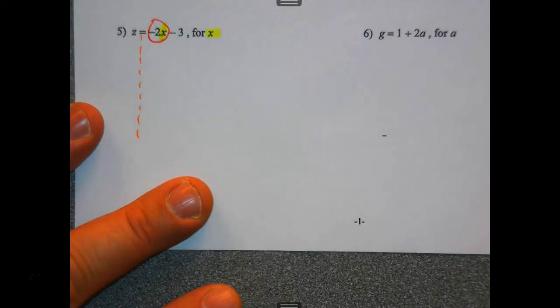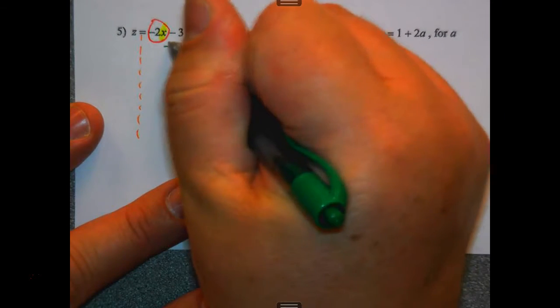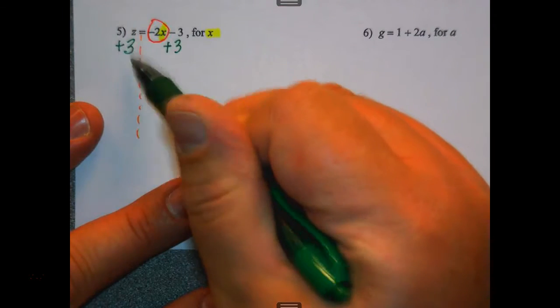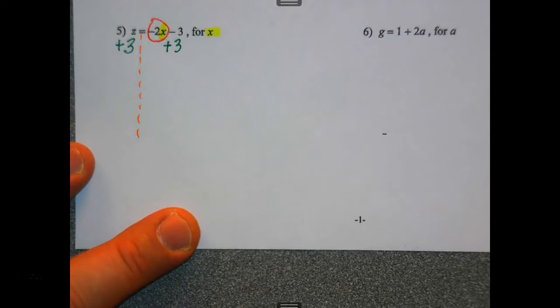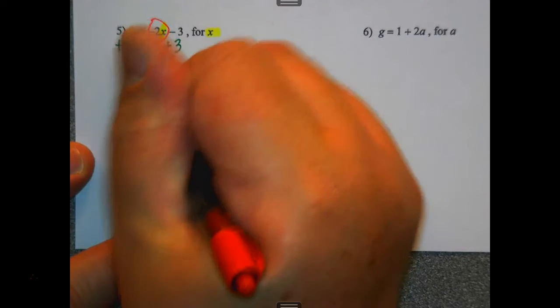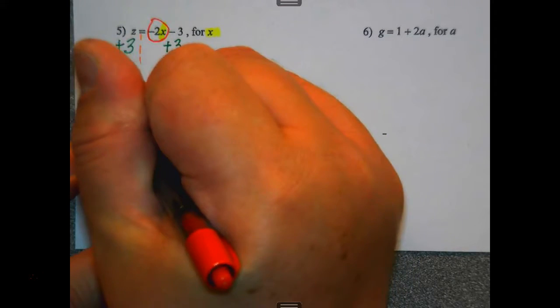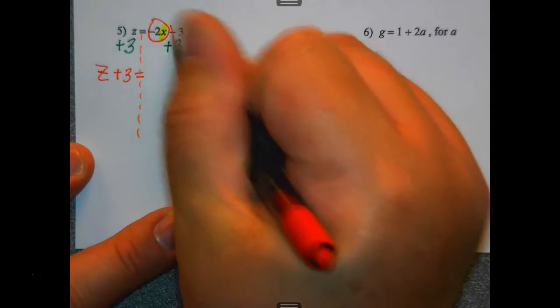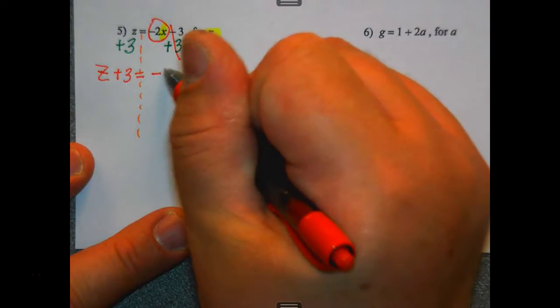I'm going to add 3 to both sides. Don't combine these. These are unlike terms. I get z plus 3 equals, these 3's add up to 0. Bring down my negative 2x.